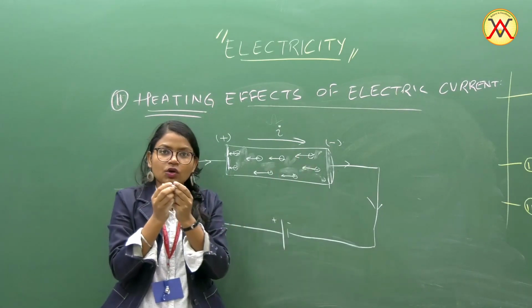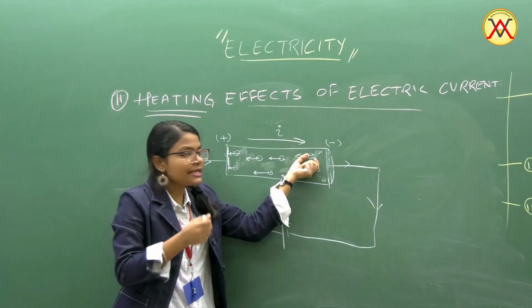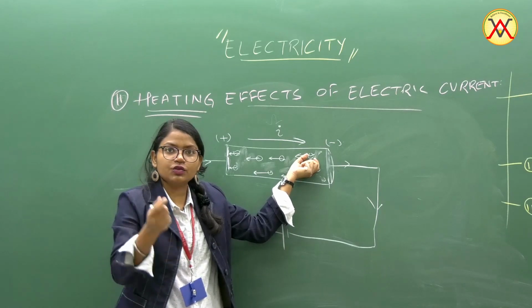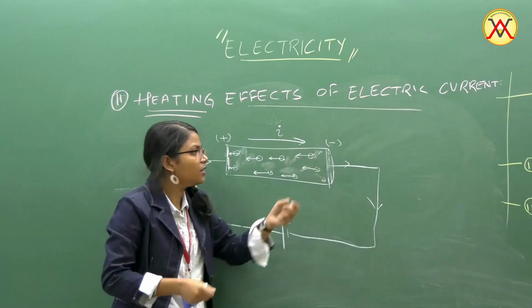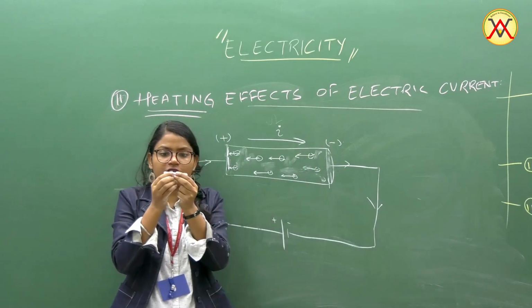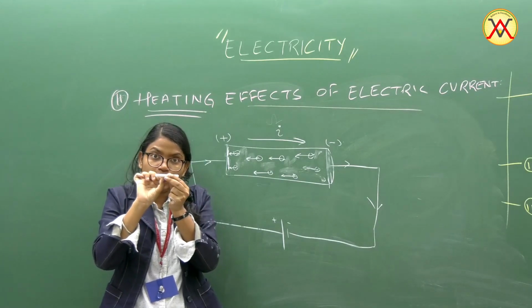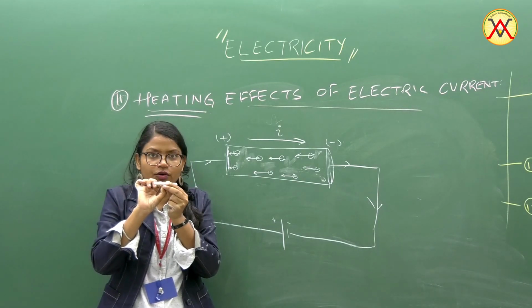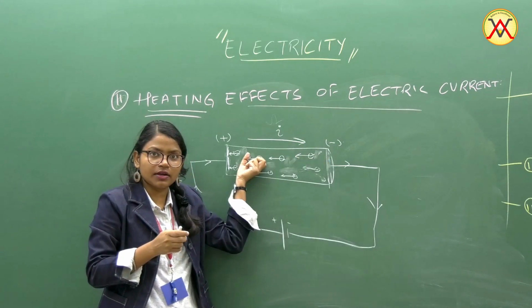When they collide with those atoms or electrons, they tend to transfer their energy to them, right? But those nuclei of the atoms and electrons are not free to move in a set direction.